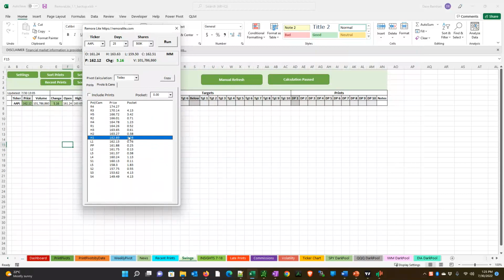If we break that, we have a 38-cent move to the next cam. Now, the ones that start with R and S are the John Person's pivots. And the ones that have H and L are the Camarilla pivots. And those are critical. And I'll show you an example of that.